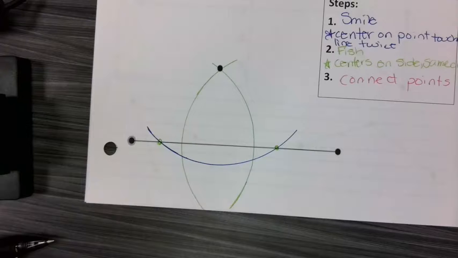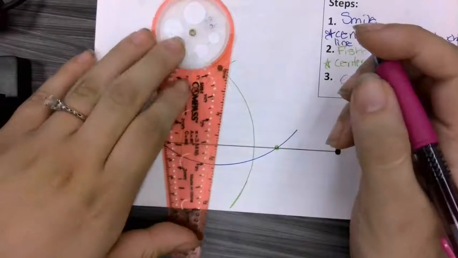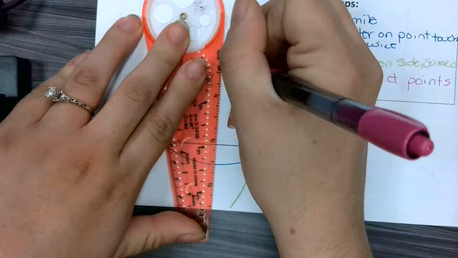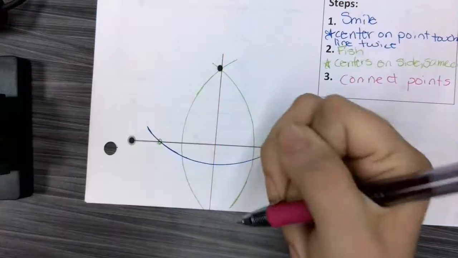I know, I'm sorry. Okay, so there should be a matching point down there. I'll pretend it's there. But I would draw the line through both points.